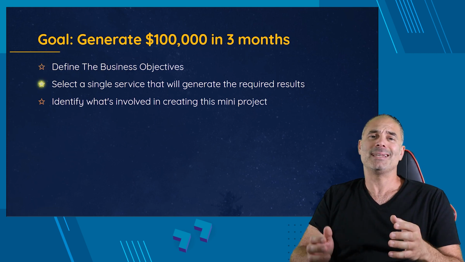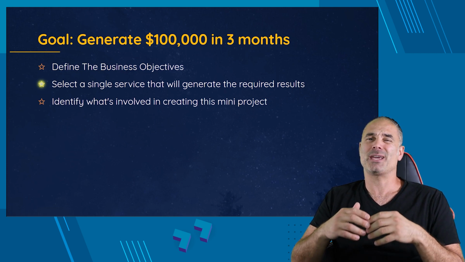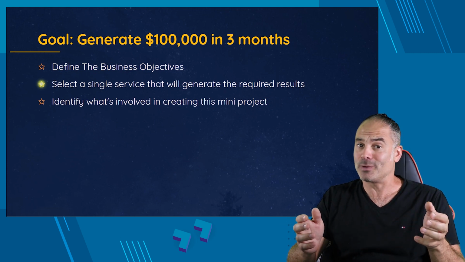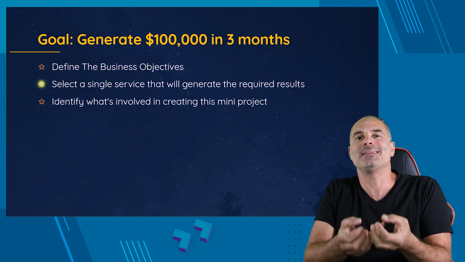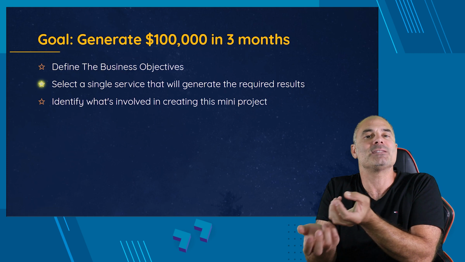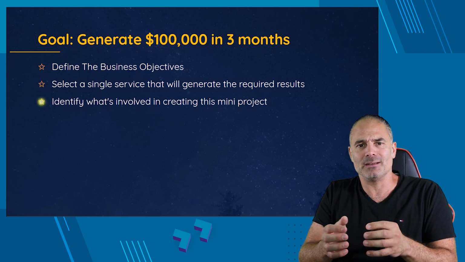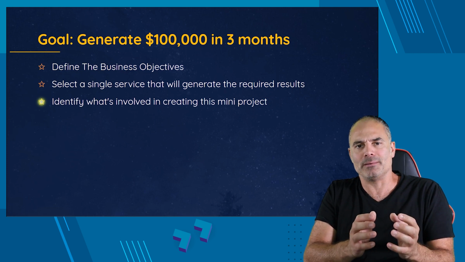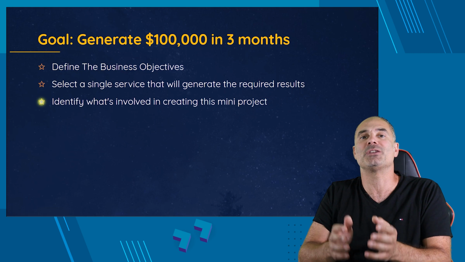We are going to select the right service to market, because we cannot really market everything that we have. We need to market something very specific that can answer the business objectives, and you will see it in the next slide. And we need to identify what needs to happen in order to fulfill this project, in order to reach the goal.